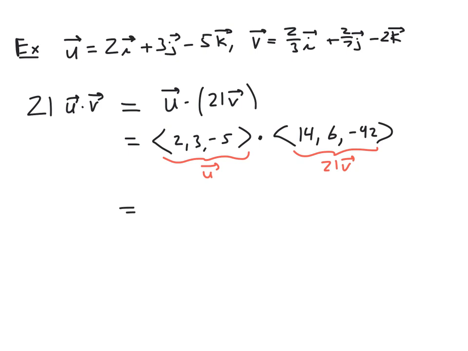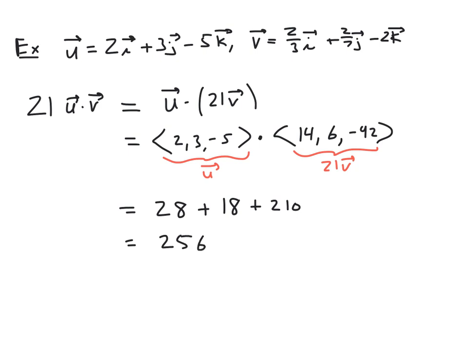And then the dot product is very easy to do. 2 times 14 is 28. 3 times 6 is 18. Negative 5 times negative 42 is positive 210. And 28 plus 18 plus 210 is 256.